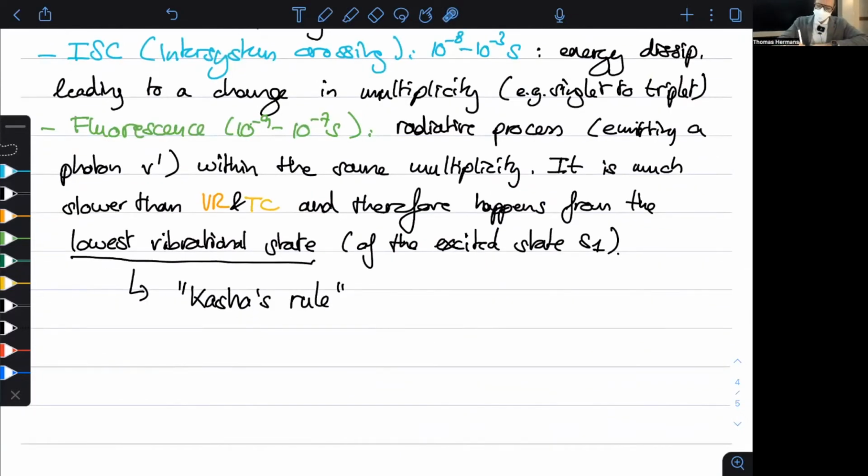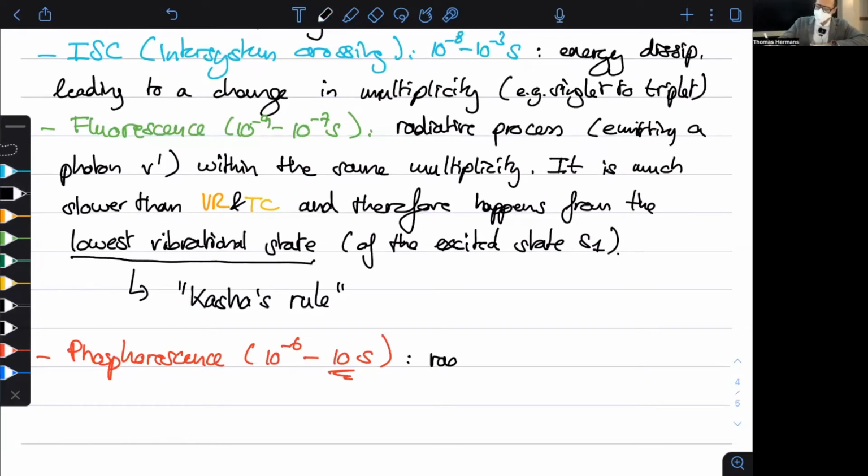Okay, so now we get to phosphorescence. Which is 10 to the minus 6 to 10 seconds, right? This is really long. 10 seconds is very long.